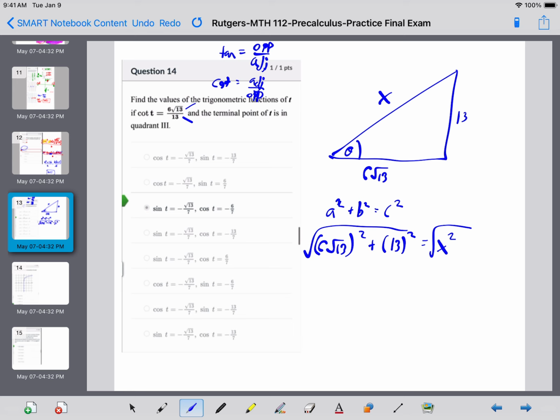We would have 6 times 13, 78 plus 13 squared. 36 squared, 36 times 13. 36 times 13 plus 13 squared. 637.